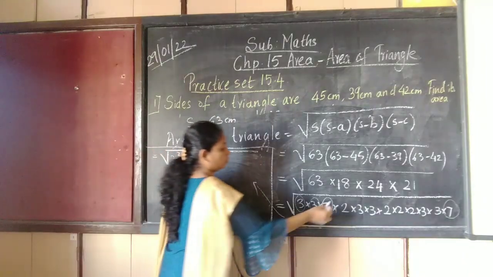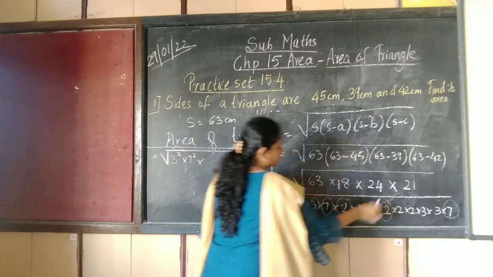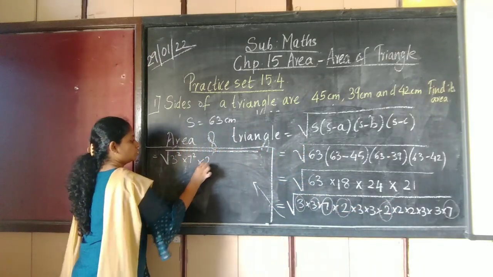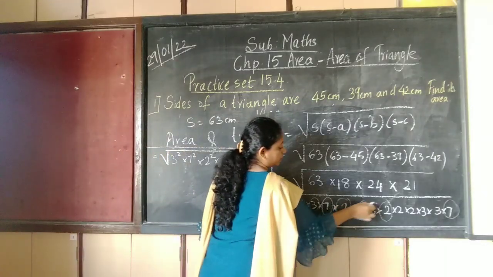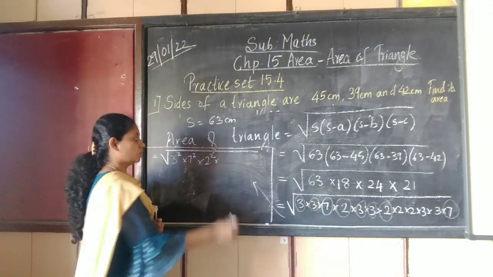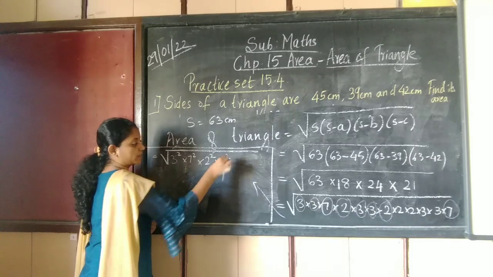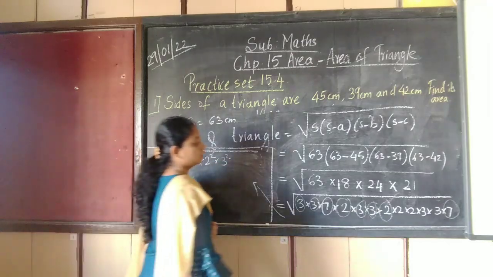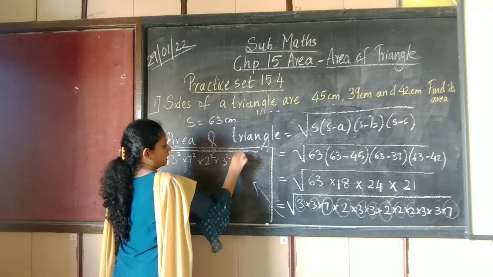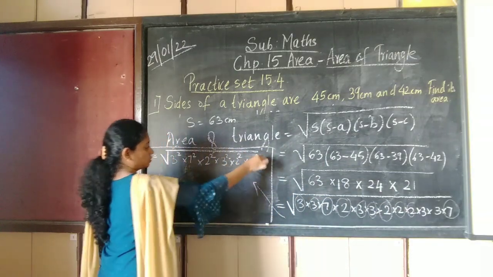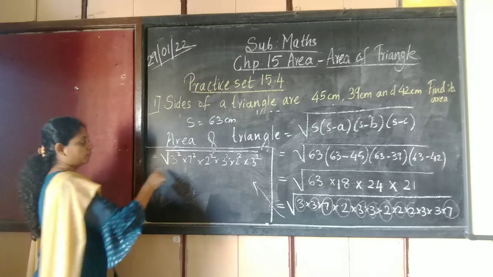Next 2 times, so you are going to write 2 square. Next is 3 repeating 2 times, so you are going to write 3 square. Next 2 repeating 2 times, so 2 square, and last 3 square. All that we have written.